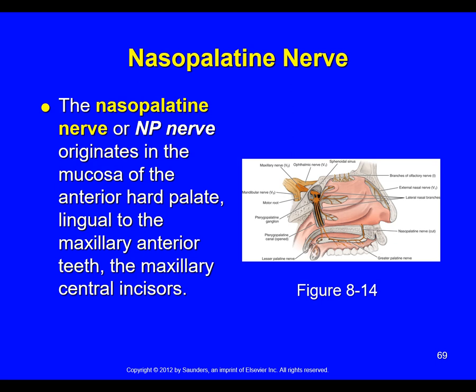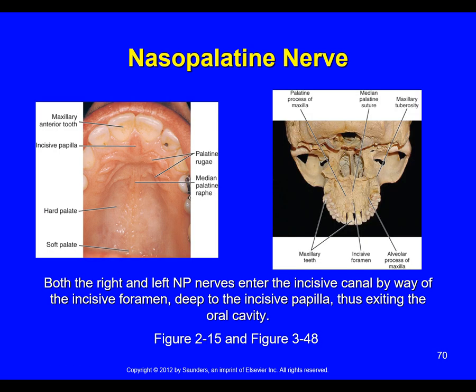The nasopalatine nerve comes through the incisive foramen and is covered by the incisive papilla. And when we're numbing this area, we're going into the fattest part of that incisive papilla to numb that area and stop the action potential going to the brain from that area.